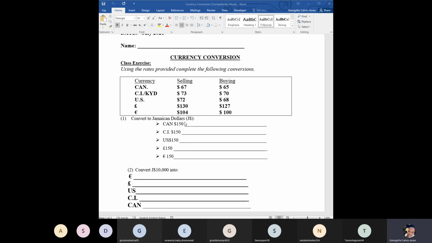And there's also something that you should note: when you're selling, you multiply. When you're buying, you divide. Makes sense to anybody else? Yes, miss. Multiply to get a bigger value, divide to get a smaller value.